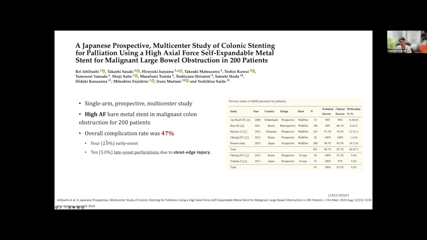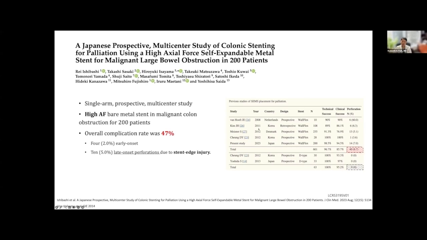The important thing here was that the overall complication rate was around 47%, and the perforations, which obviously are the most concerning ones for stent placement, the late onset perforations were all related to stent edge injury, meaning the amount of force the stent was applying to straighten the bowel was being transmitted at the flexures, at the stent edges along the bowel wall.